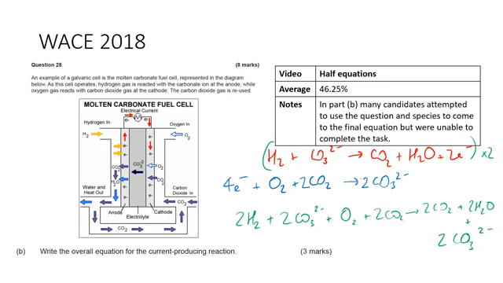And of course, look here, you can cancel stuff out, cancel that out, and then you end up with the typical fuel cell reaction that you've always seen. But you did have to go through and use this carbon dioxide.